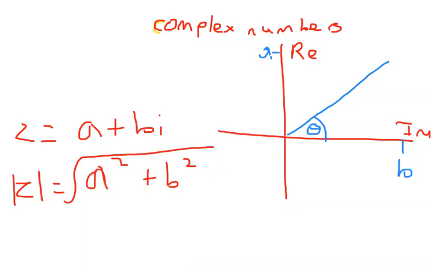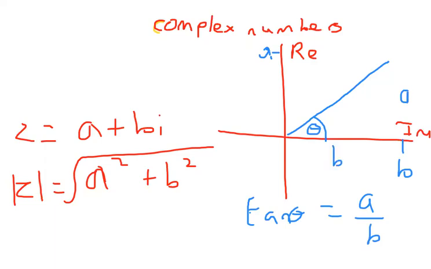Trigonometry. So tan theta will give you b over a, because a is here and b is here.